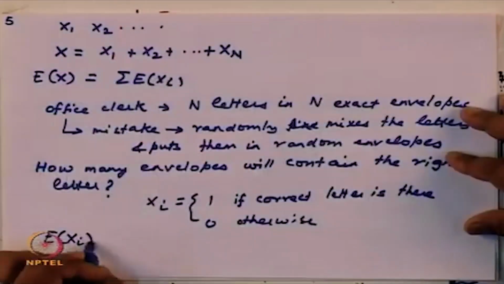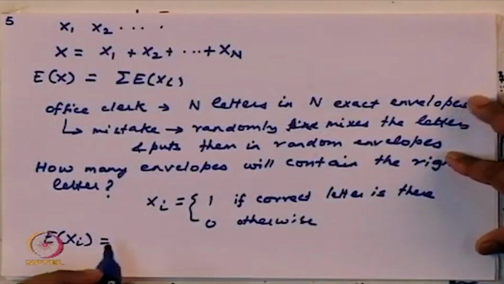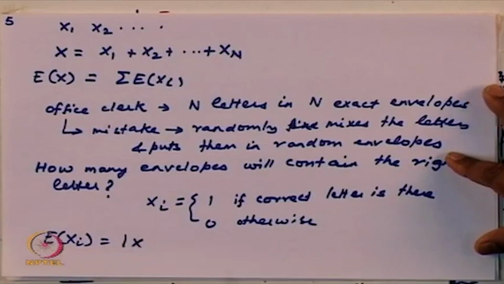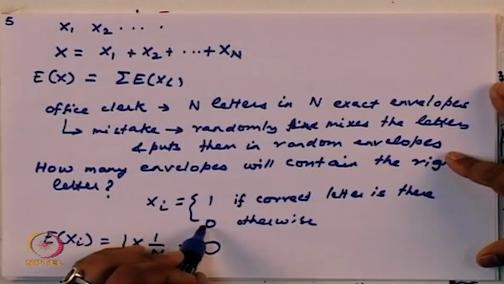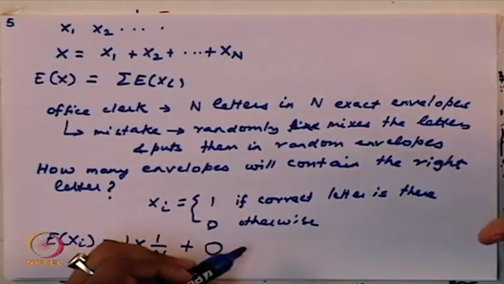So, your expectation of x i is nothing but 1 into the probability, which is 1 by n as we calculated, plus for all other cases it is 0, because x i is 0 and the probability can be anything.